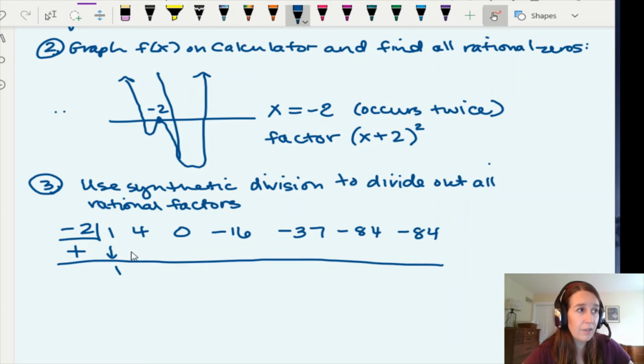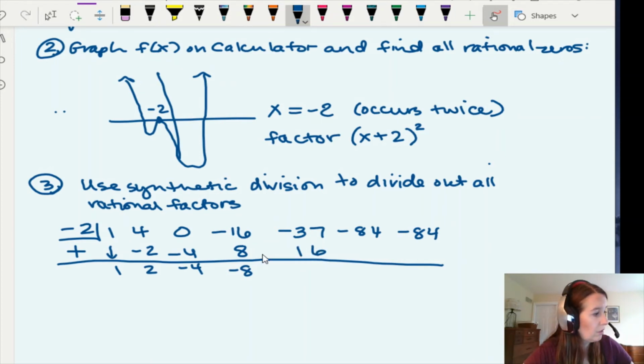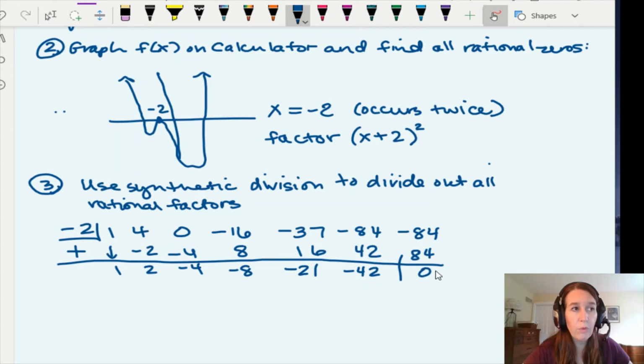Multiply, add down, multiply, add down, multiply, add down, multiply, add down. So that looks like -21. Multiply, +42. So this is -42, add down, multiply, you're getting a +84, which confirms that we did everything correctly because we got a remainder of 0.